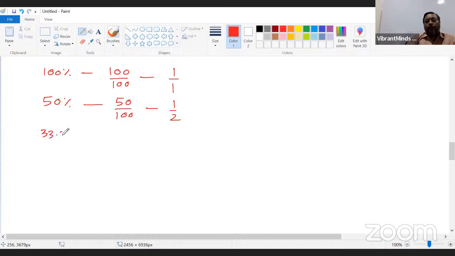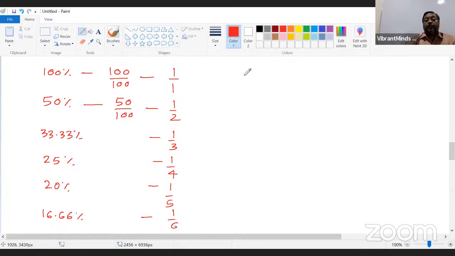If we have 33.33%, the fraction is equivalent to 1 by 3. 25%, the fraction is equivalent to 1 by 4. 20%, 1 by 5. 16.66%, 1 by 6. 14.28%, 1 by 7.